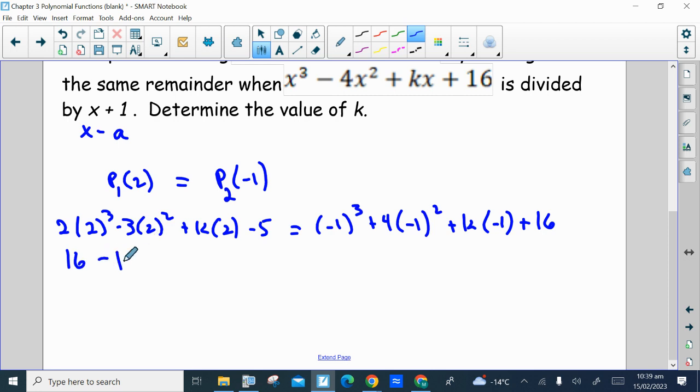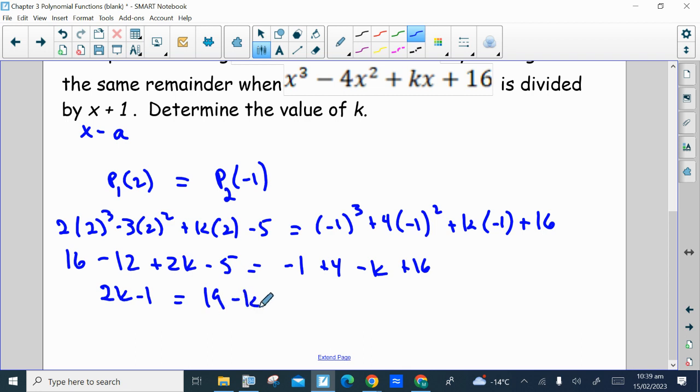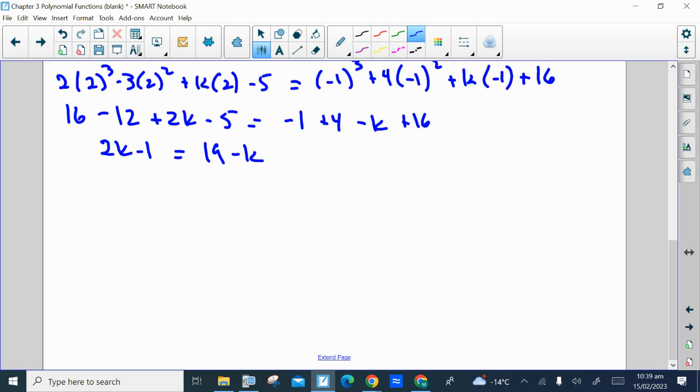Minus 2 squared is 4 times 3 is 12, plus 2k minus 5, equaling -1 all cubed is -1, -1 all squared is 1 times 4, minus 1k plus 16. So on the left, 16 take away 12 is 4. 4 minus 5 is -1, so 2k minus 1 will equal -1 plus 4 is 3, plus 16 is 19, minus k. We need to solve for k, so we'll add k to both sides, which gives us 3k on the left. Add the 1 to both sides.